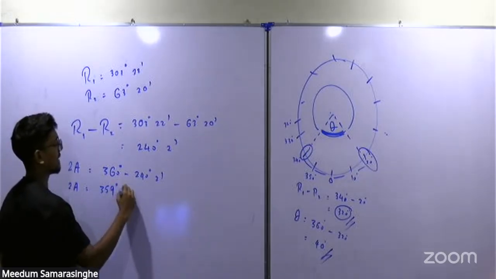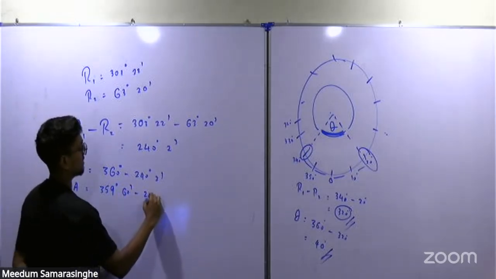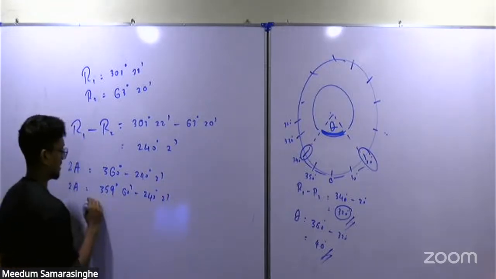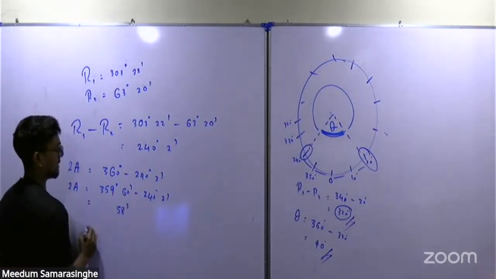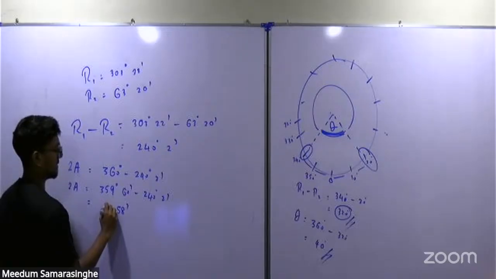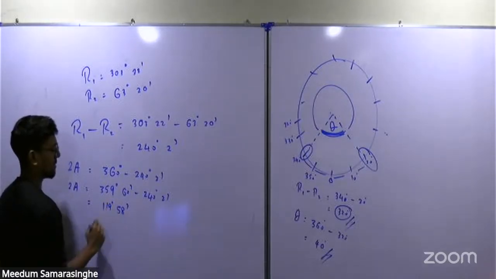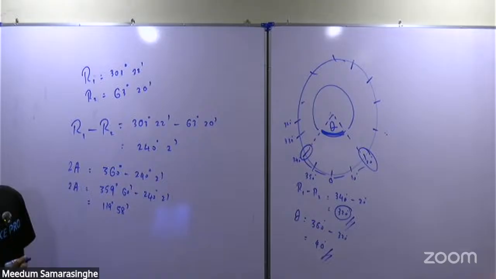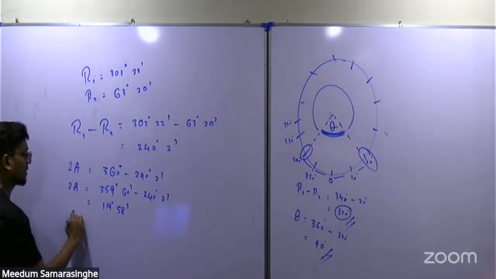This is 359 degrees 60 minutes minus 240 degrees 2 minutes. There you have 58 minutes. When you subtract these, 119 degrees 58 minutes. That is 2A, but you need to find A, so you can divide this by 2.